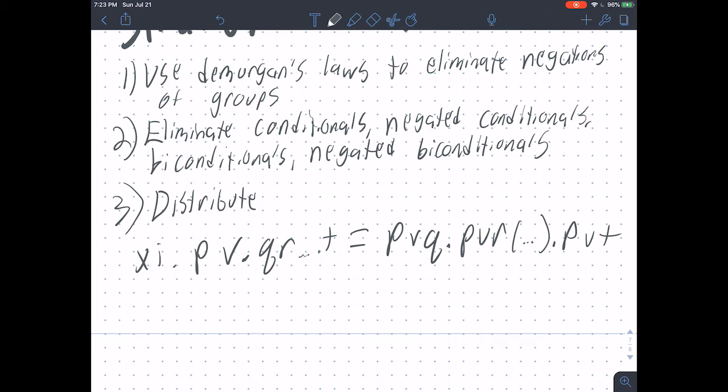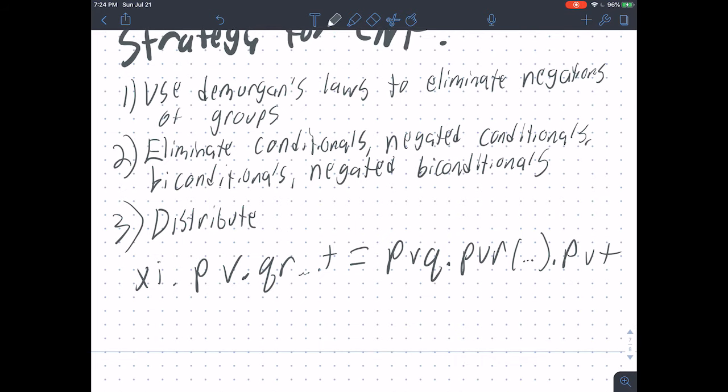So if all we need to do is apply Rule 11, that'll give us something that's in conjunctive normal form, right? If you look at this, aside from the weird ellipsis there, this is a conjunction of alternations of single letters or negated single letters. So I want you guys to try the exercises. There's a good chance that some of you are going to be confused by this and want me to post another video.